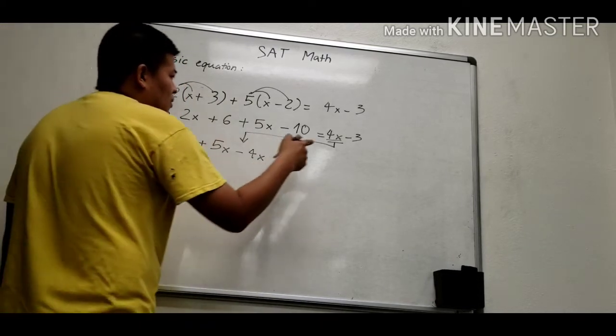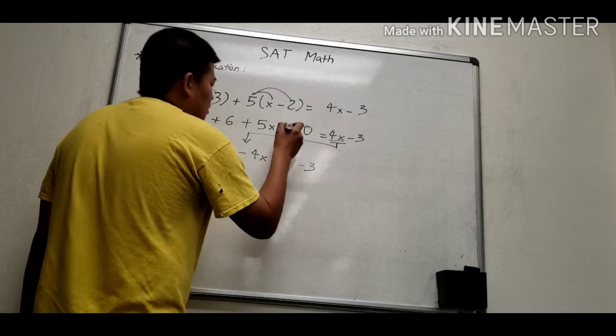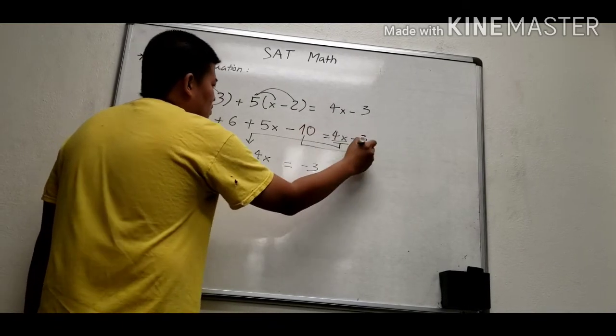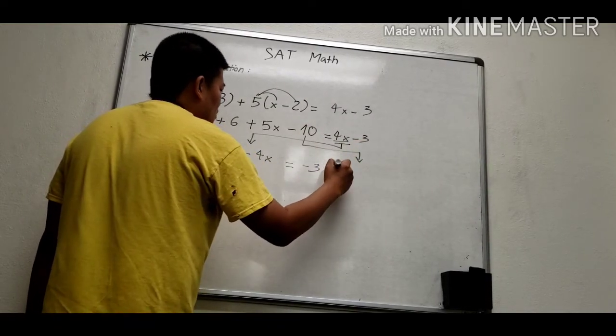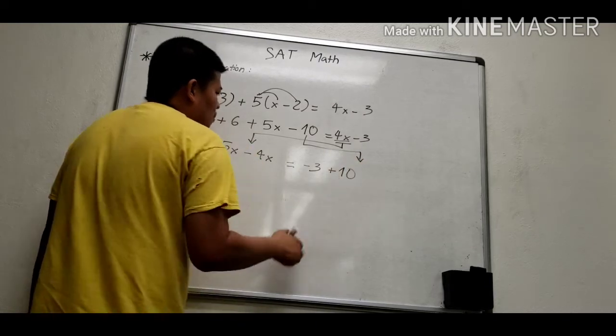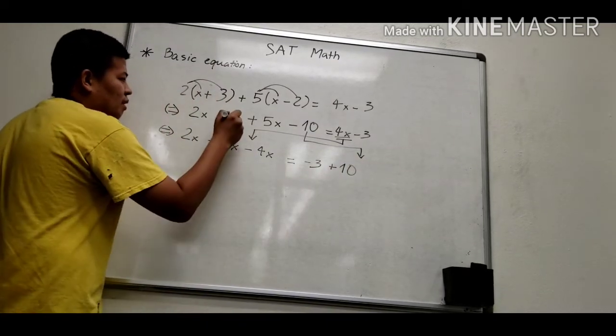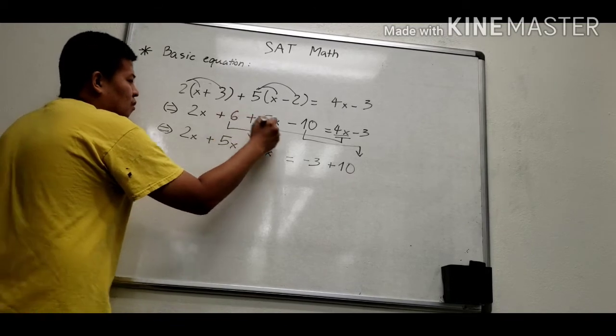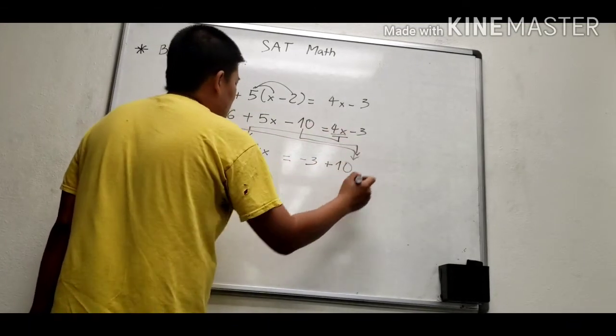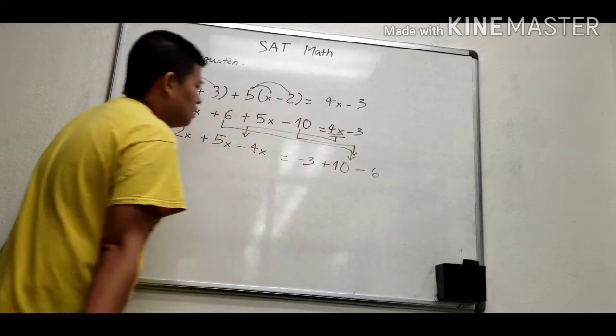We have minus 3. The minus 10 we move to the right, then we come to the positive number 10. Positive number 6 moves to the right, then we change to minus 6.